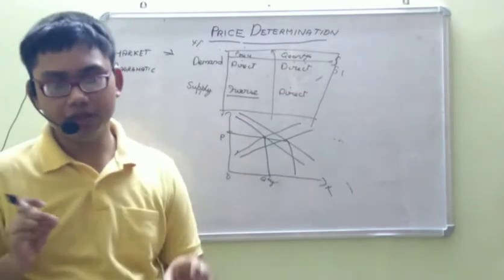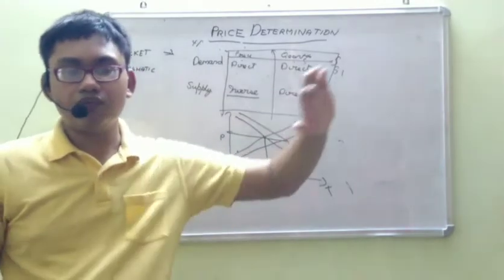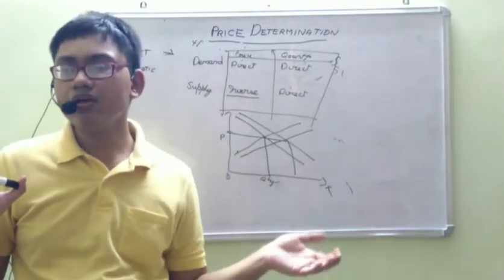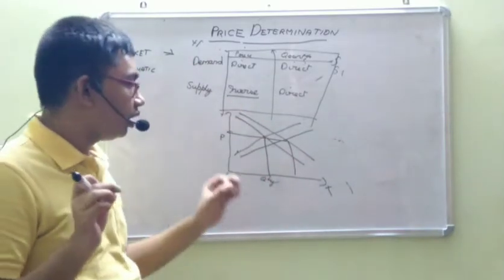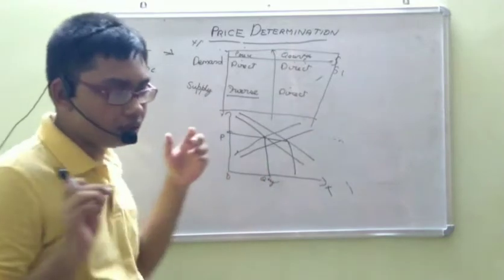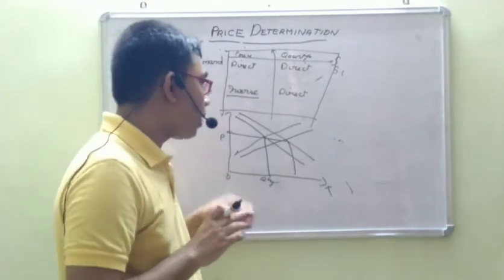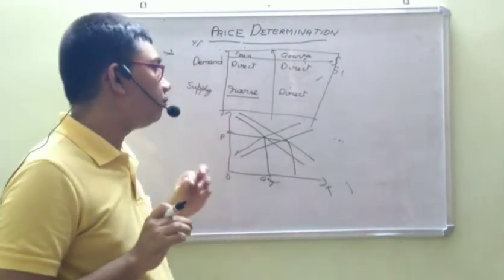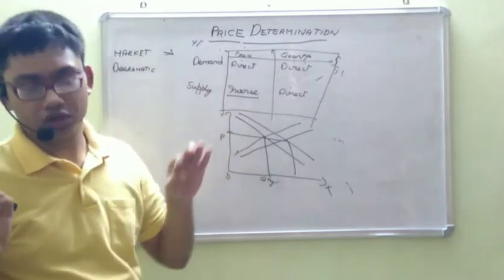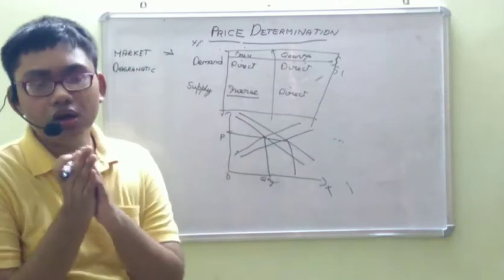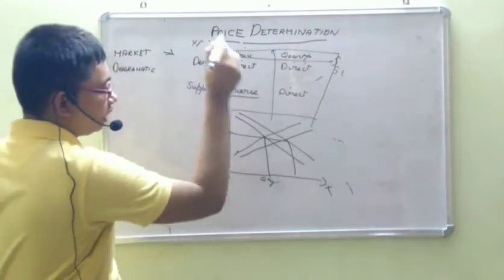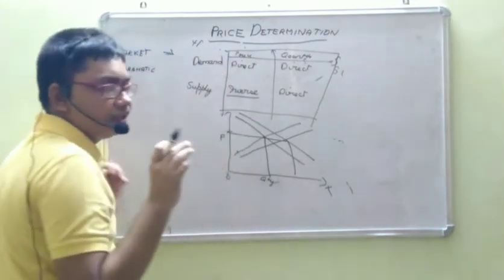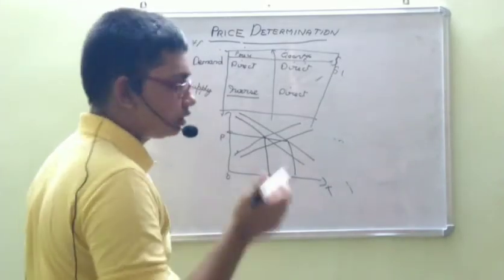If both are falling, then also if the magnitude or proportion is the same, price will not change but quantity will fall. Now, if both are changing in the same direction and one of them is changing more than the other, say demand is changing more than supply, definitely since both are increasing, quantity will increase.